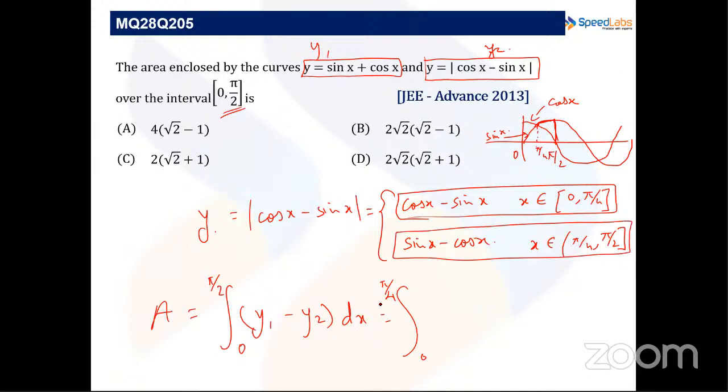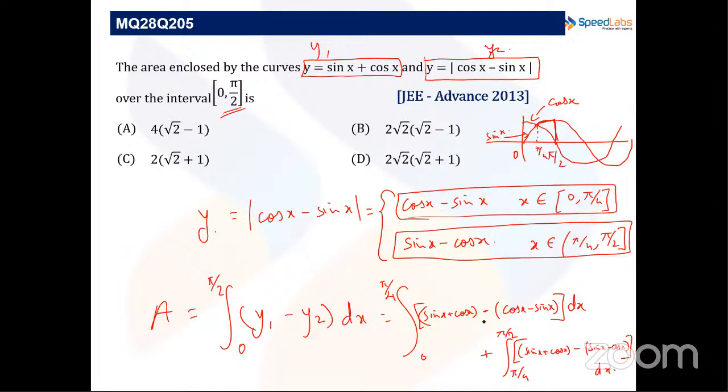So we have to put the limit from 0 to pi by 4 one time, then this y1 is sin x plus cos x minus y2, which is cos x minus sin x, dx, and plus from pi by 4 to pi by 2, our y1 is fixed, that is sin x plus cos x, and our y2 will be sin x minus cos x dx.